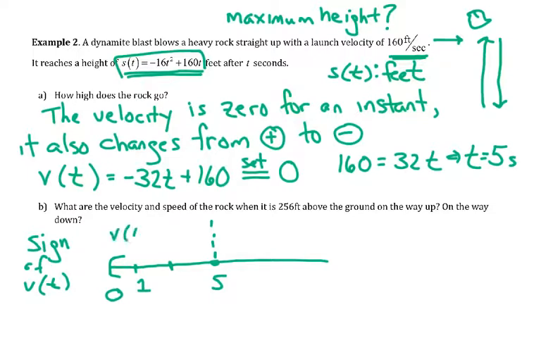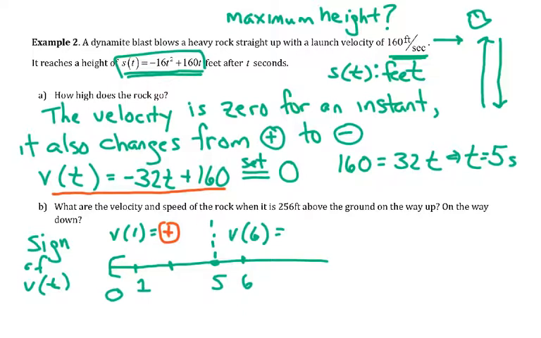So when you plug in 1 to the velocity function, is it positive or negative? It's positive, right? And on the other side, I could plug in 6. And I'll have to check that.